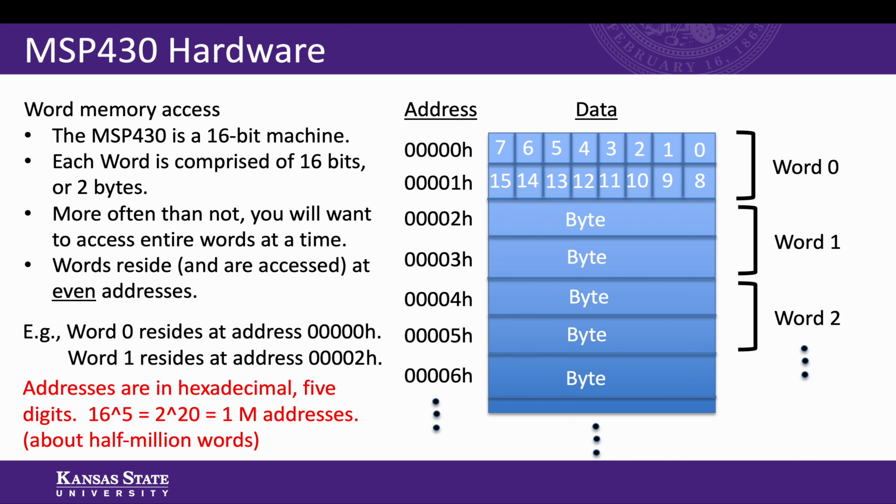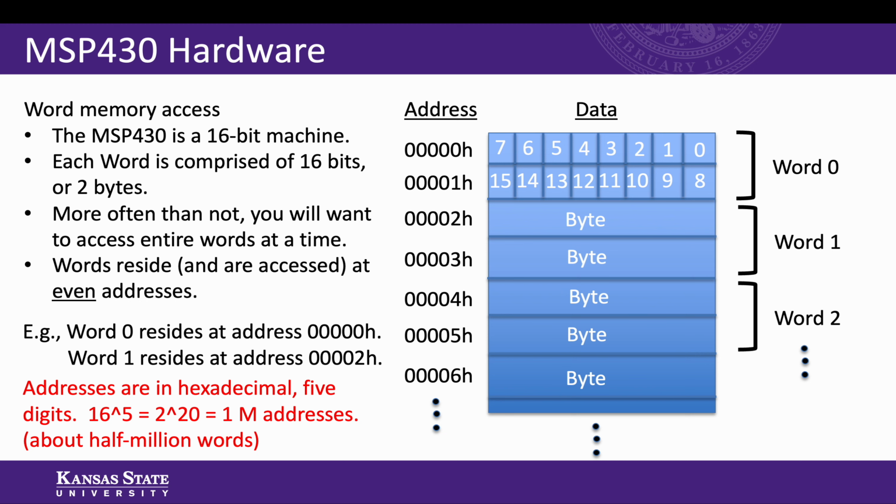If we used all 5 hexadecimal digits, well, 16 to the 5th is 1 mega addresses, or 2 to the 20th. But if we fix that most significant digit at a 0, then we have 4 hexadecimal digits to play with, and 16 to the 4th is about 65,000, and that would be 2 to the 16th.